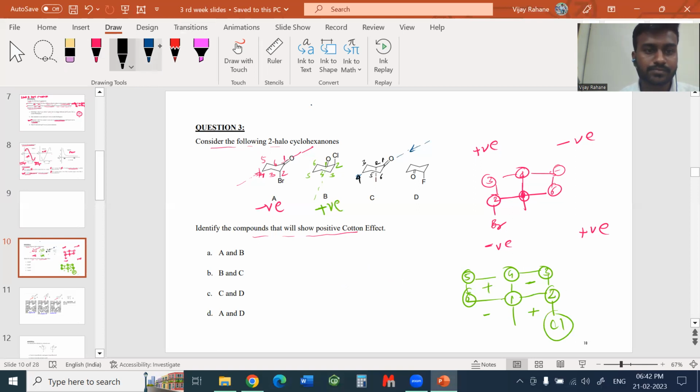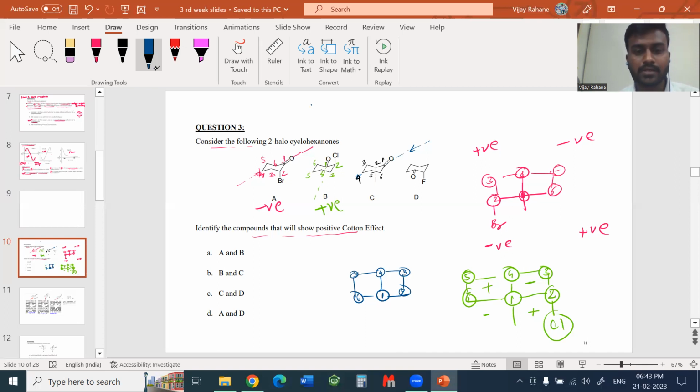So if you keep this one at this center, where will this 2 belong? If you see from the back side, then this 2 belongs to the right hand side. So here will be 2, here will be 3, 4, 5, and 6, right?